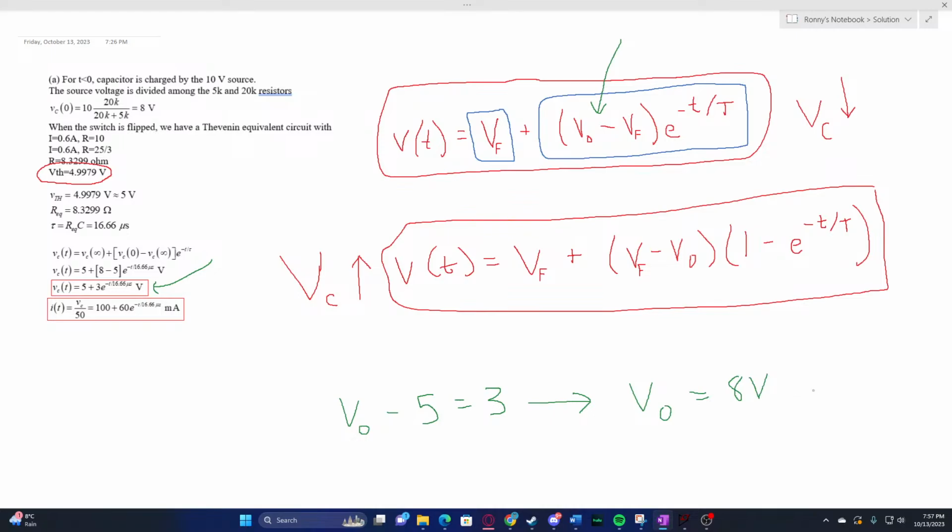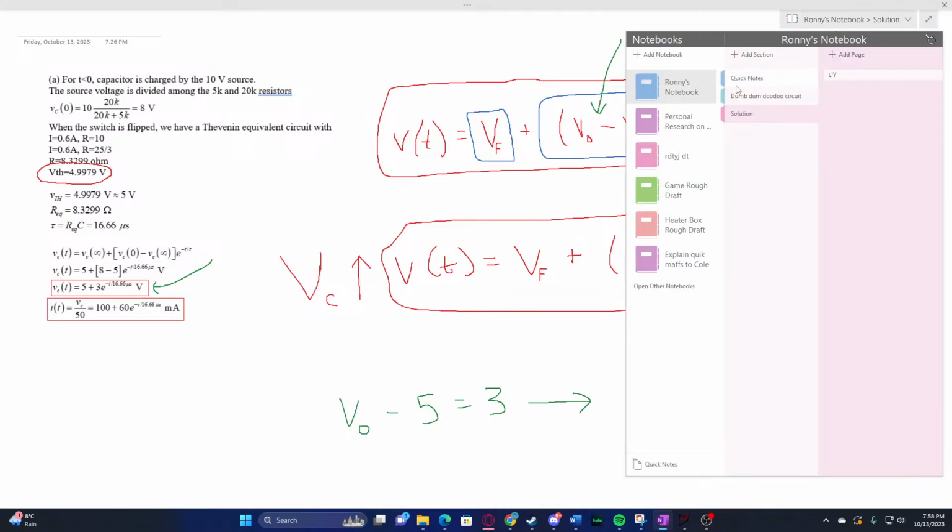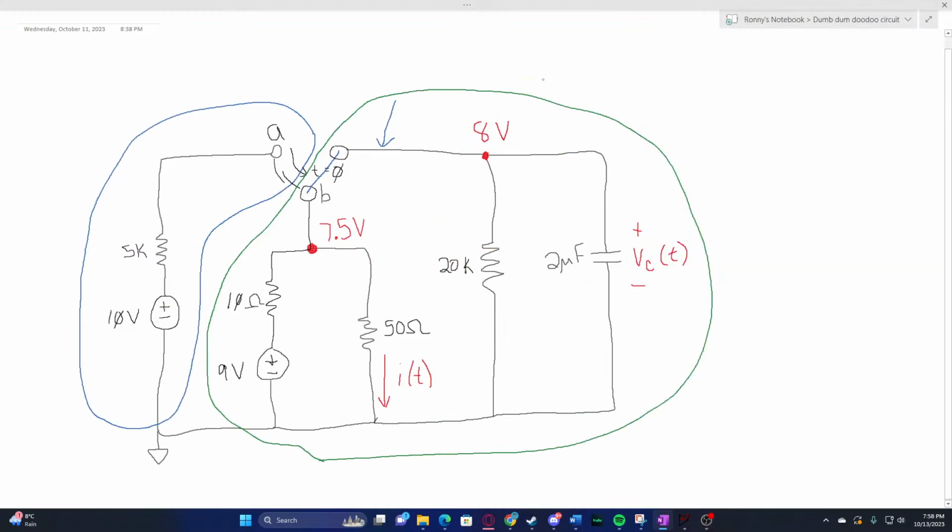That makes total sense to me, for sure. So they do agree that the starting voltage is 8 volts, which is what I just got done saying is right here. So that's good. But for whatever reason, they think that the voltage is going down to 5 volts instead of 7.5 right here.